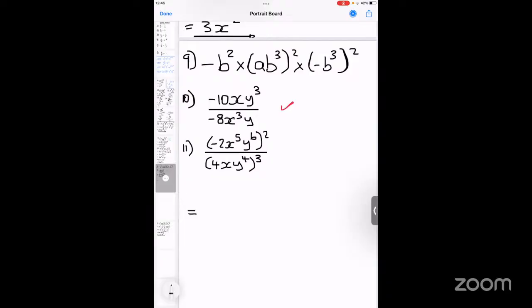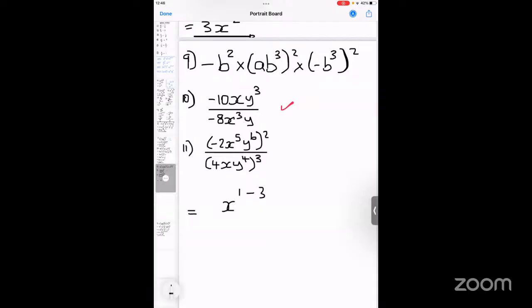I first divided the negative 10 by the negative 8, and then I wrote x to the power of 1 minus 3, -3, okay.